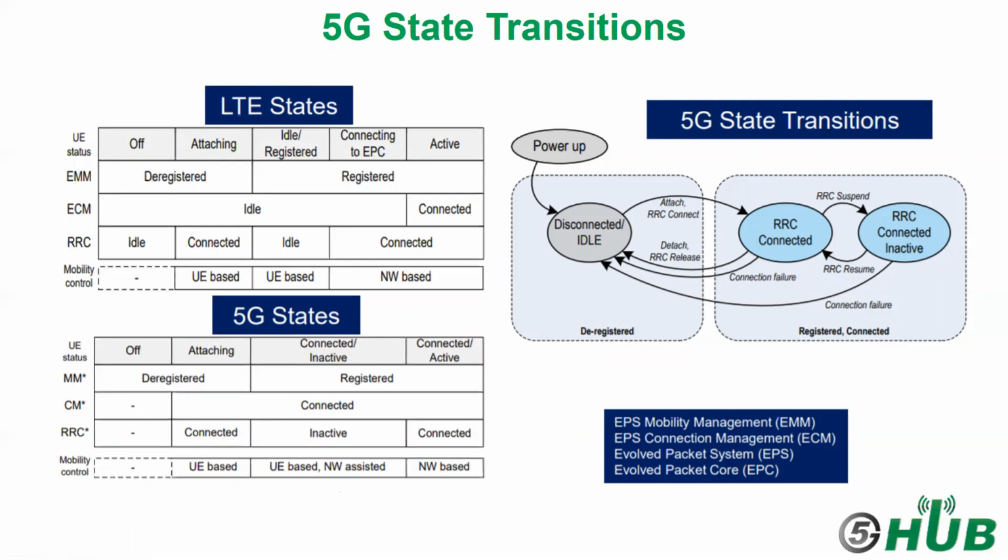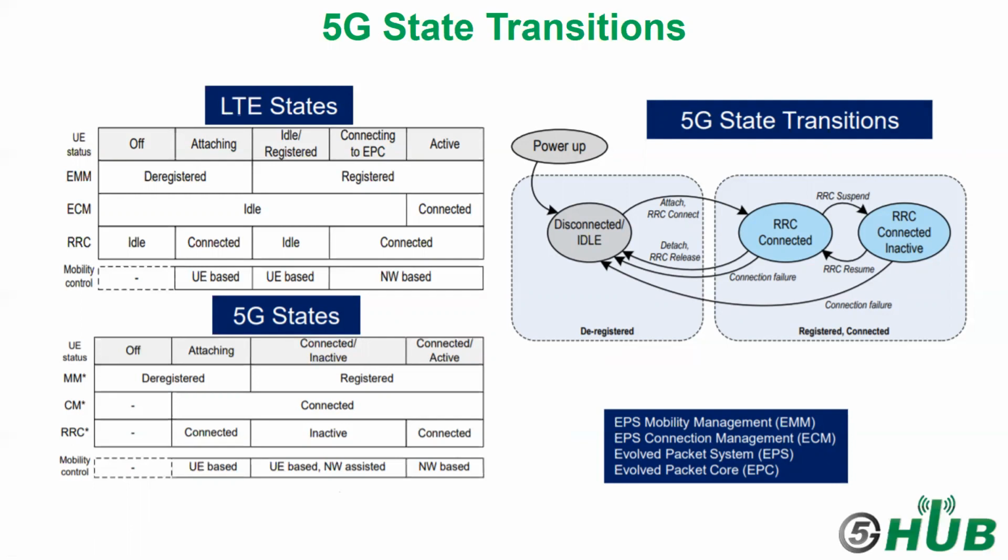RRC suspend: the user equipment will store its radio configuration and security parameters when it transitions from connected to RRC inactive. Then when it needs to connect to the network again, for example, due to some uplink data being available to transmit, the user equipment will trigger the RRC resume procedure.